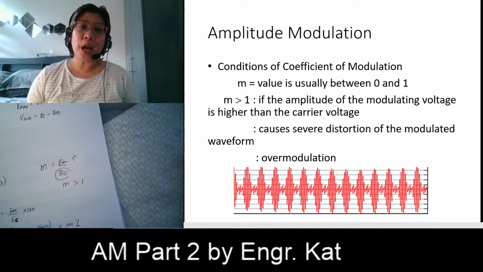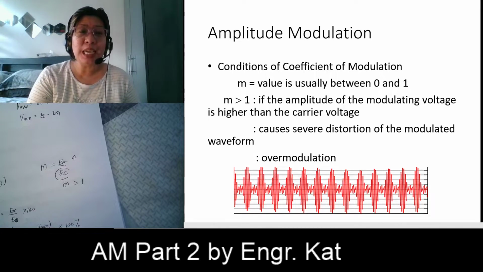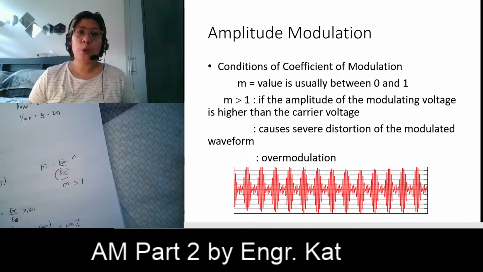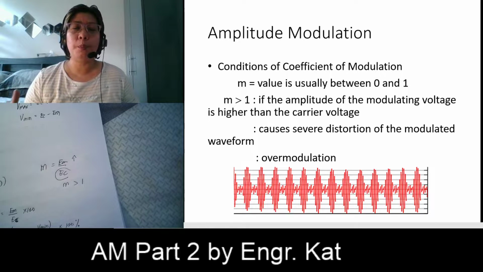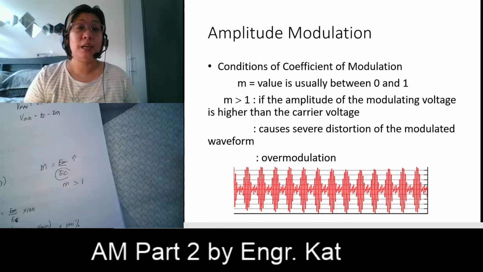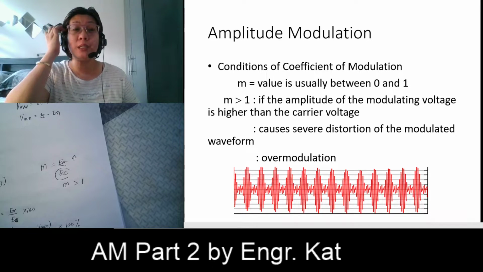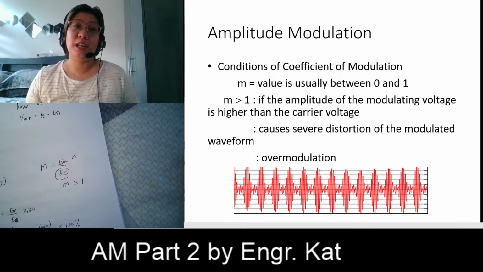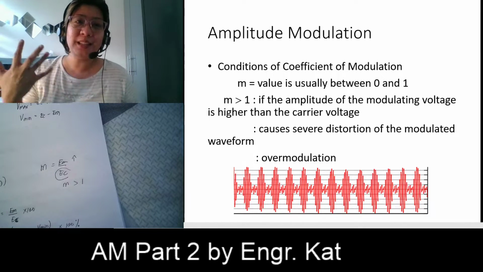So remember our analogy regarding the carrier and the modulating signal. So when you have to travel a long place, you may ride on a horse, right? So your horse is the carrier and the rider is the modulating signal. Okay, so what happens if the rider is bigger than the horse?